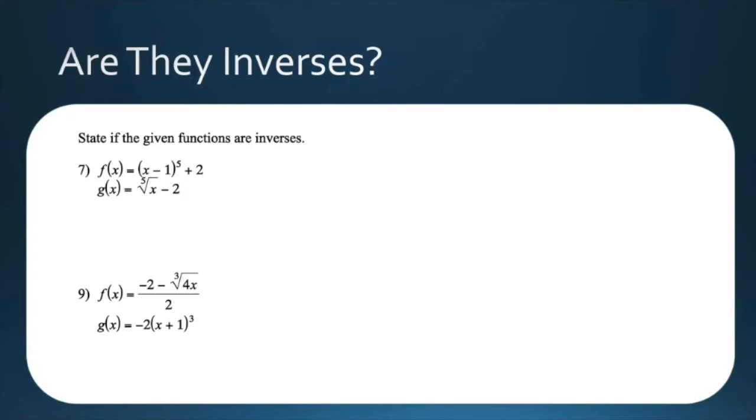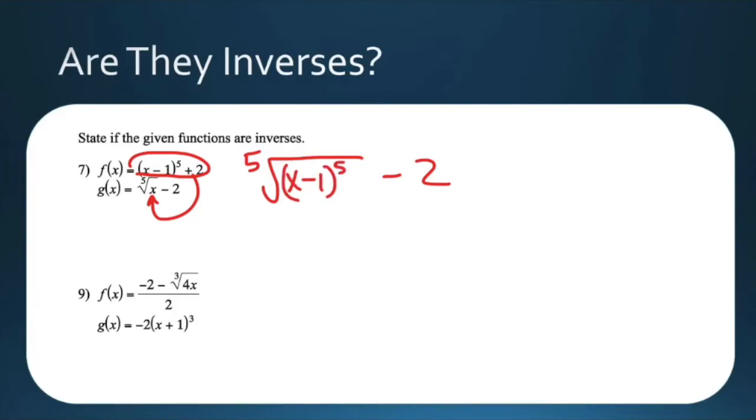So I'm going to plug this whole thing right here into that x right there, and hopefully everything will cancel. So here we go. I'm going to write the fifth root of, that will be x minus 2, and inside there I'm putting x minus 1 to the fifth plus 2.